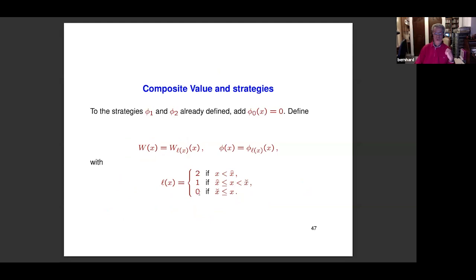And it will be 0 if x is larger than x change. So just to be nice, I will state phi of x equals 0 there. But okay, that's just to have a single formula for phi of x.